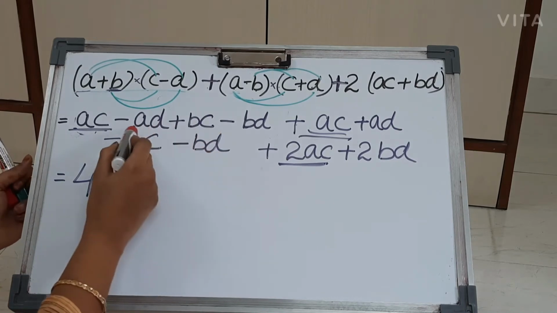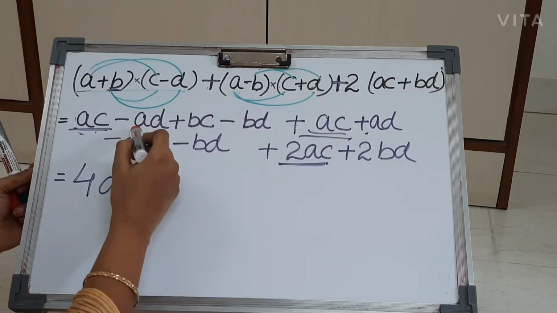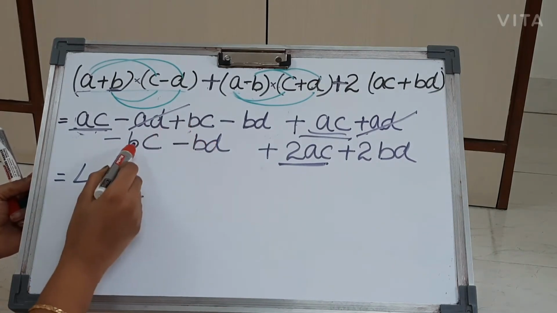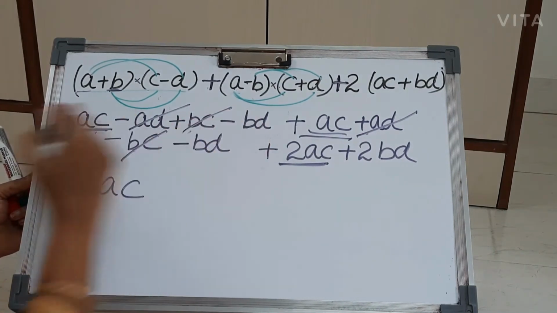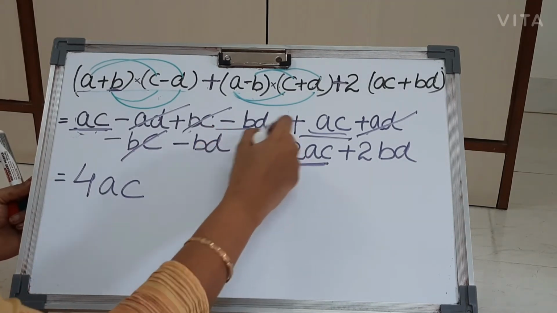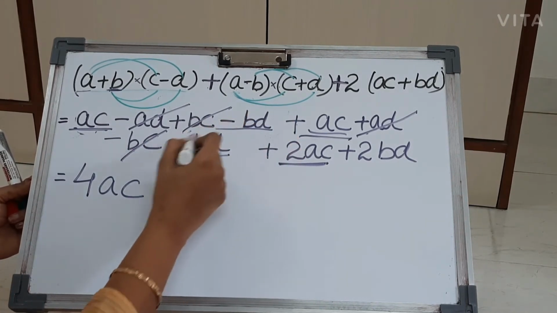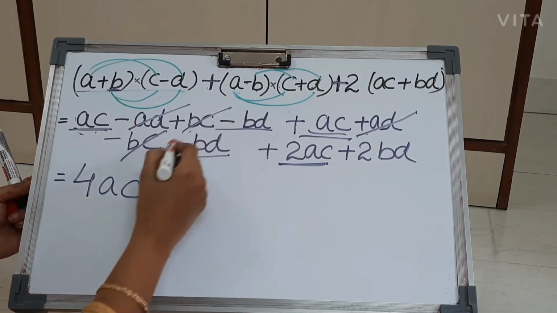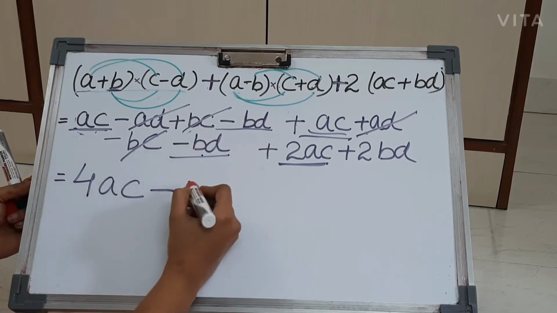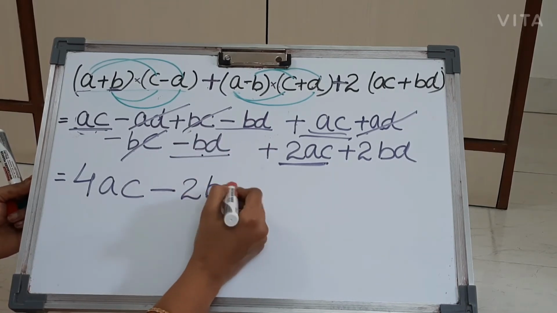Then AD, we will search for AD. Here is plus AD, minus AD gets cancelled. Plus BC, minus BC gets cancelled. Now what is left here is minus BD and minus BD. We cannot cancel because the signs are the same. So minus minus, we will put here the minus sign and we will add both, 2BD.